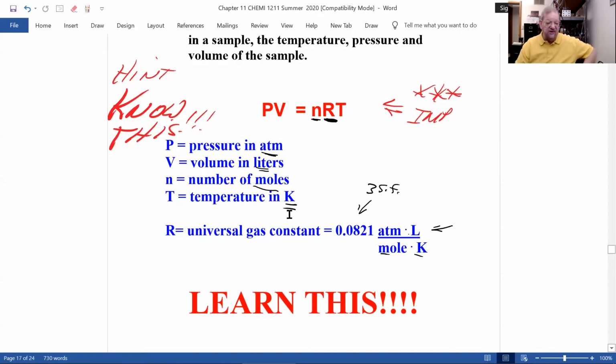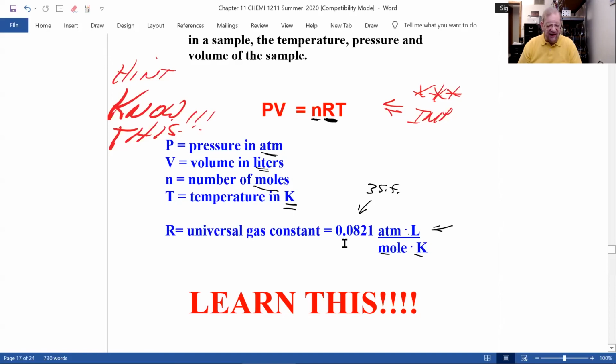It's always in degrees C, centigrade, or Celsius, I keep on using the old name. Therefore, you need to know how to convert from centigrade to Kelvin.